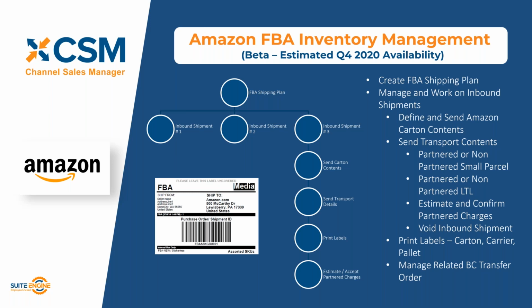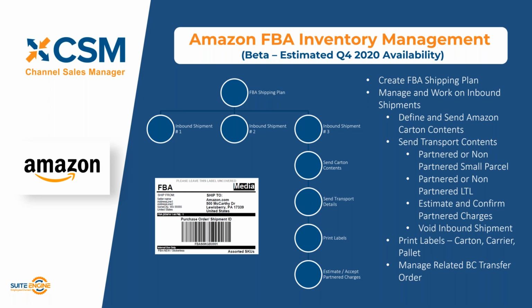So you could be saying, I want to do partnered small parcel, which then Amazon would say, okay, based on the weights of all your cartons, here's what we will charge you for that. And in comparing the rates that they send back, they are by far cheaper than a lot of people can get with UPS with their own accounts.